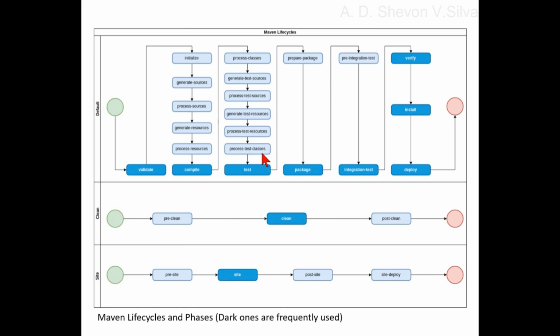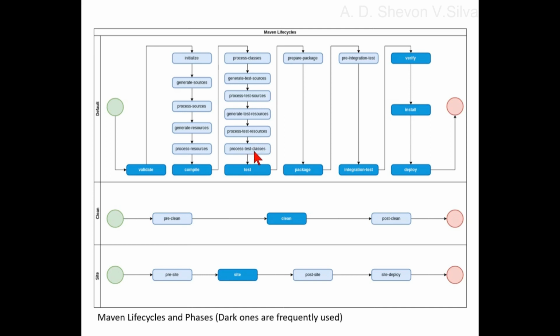Here you can see process test classes. So in this diagram, one phase is missing, called test compile, after process test resources. Test compile: compile the test source code into the test destination directory.